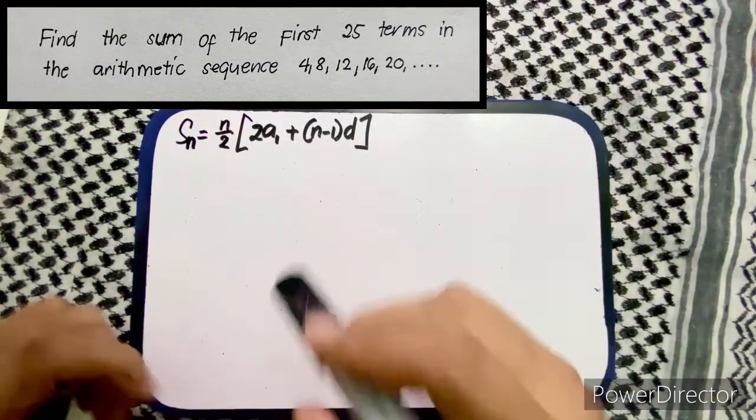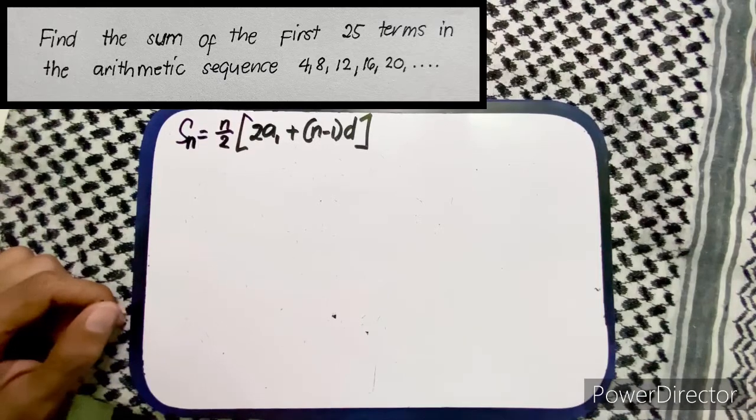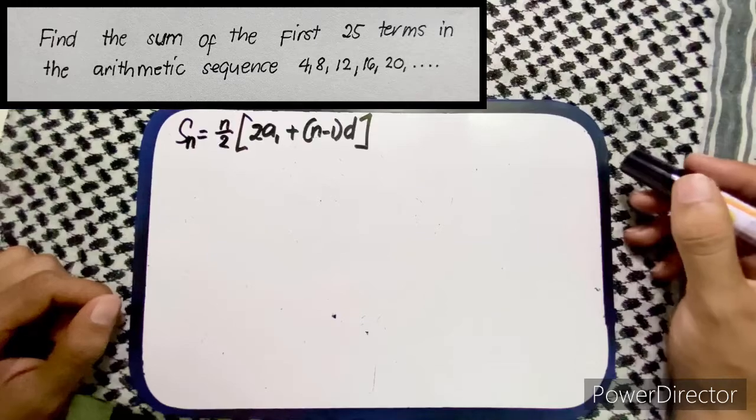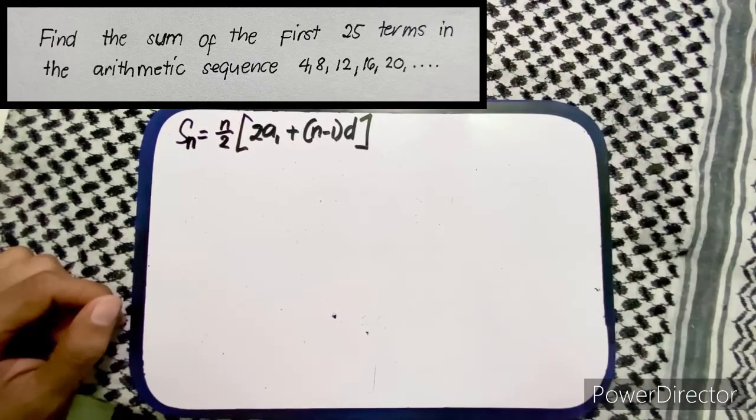We will use this formula if the arithmetic sequence is infinite. We can determine if an arithmetic sequence is infinite if you have the three dots, which means continuous or infinite, like 4, 8, 12, 16, 20, comma, dot, dot, dot.